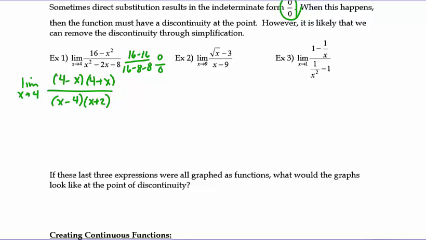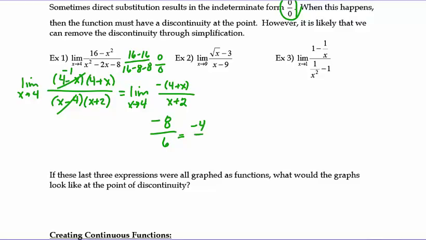This limit right here is equal to the limit as x approaches 4 of (negative 4 plus x) over (x plus 2). Does this have a discontinuity at 4? No, it does not. So now I can just plug in 4, and I end up with negative 8 over 6, which is negative 4/3.